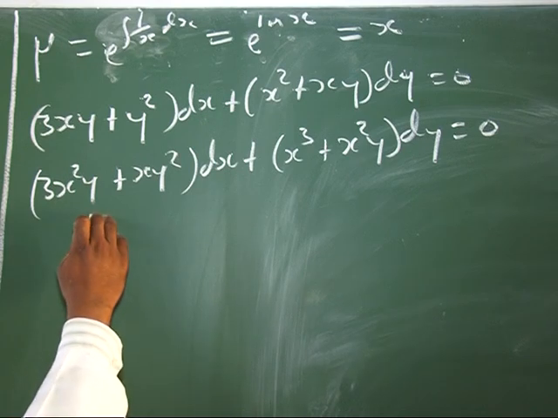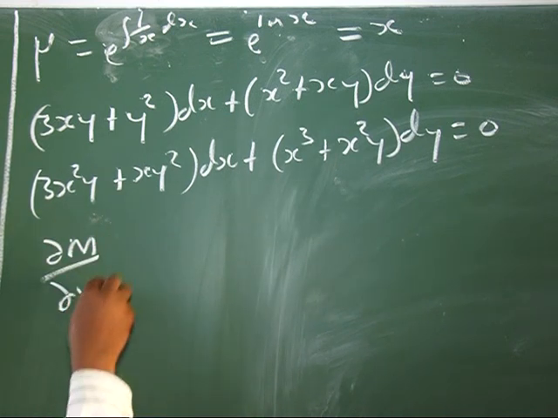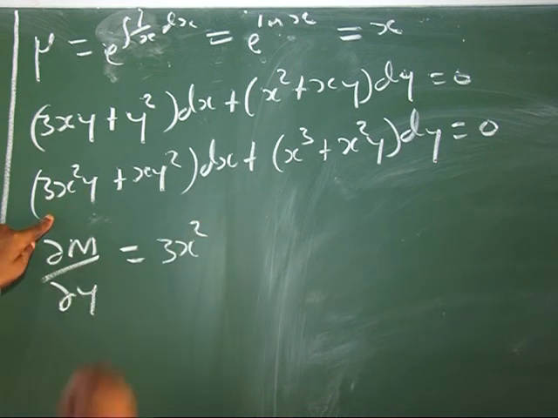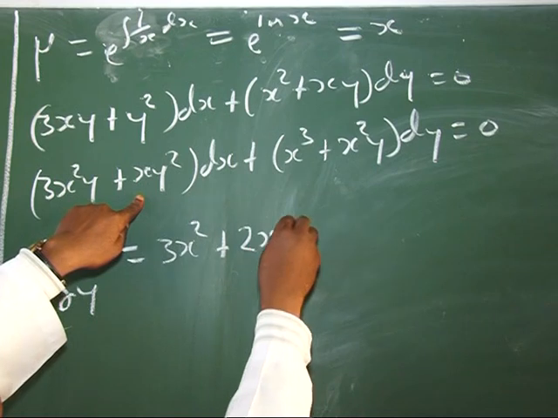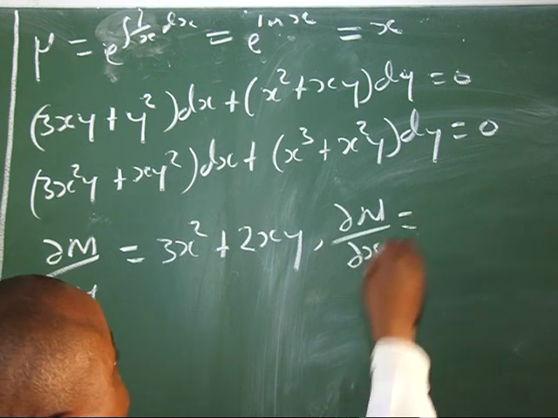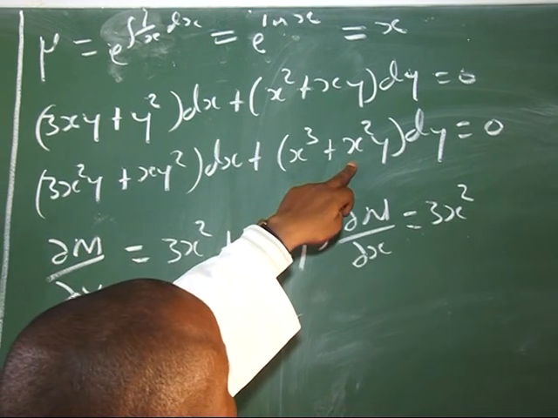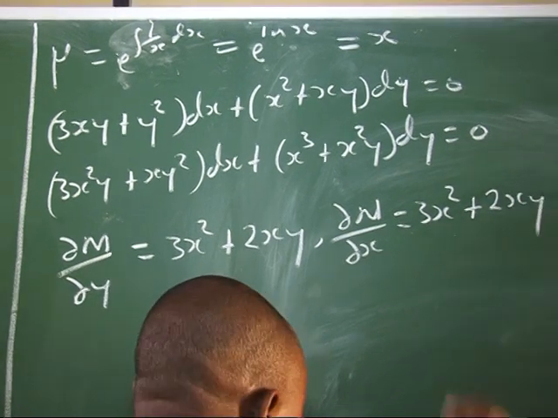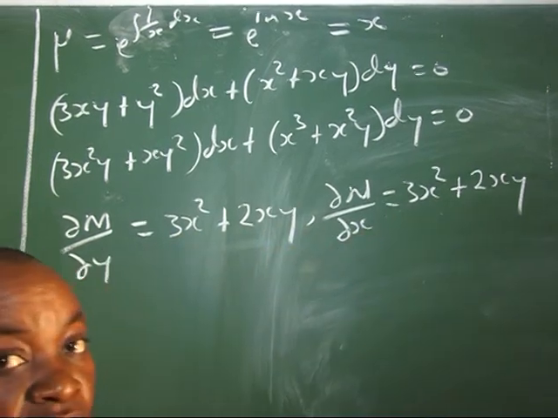So now M is this, N is this. Partial M, partial y will be 3x squared plus 2xy. Partial N, partial x will be 3x squared plus 2xy. Alright, so we are able to see that this one is equal to this now.